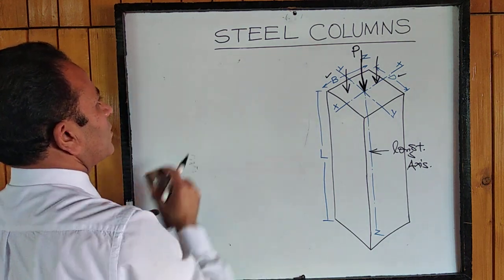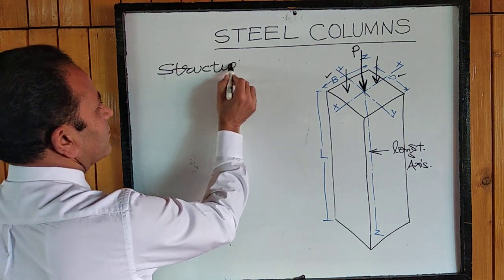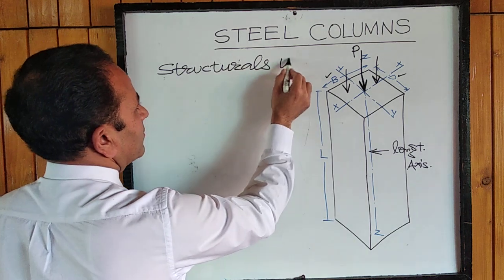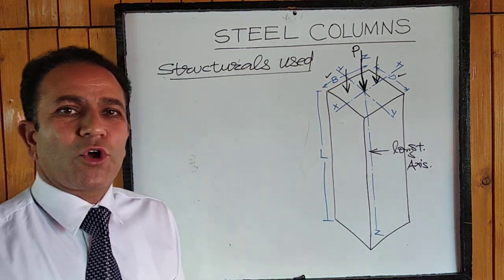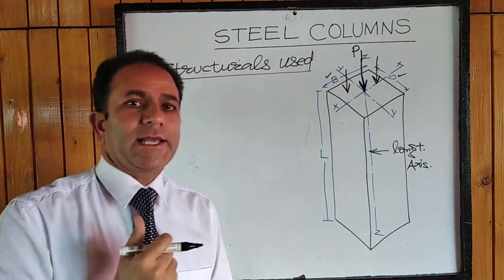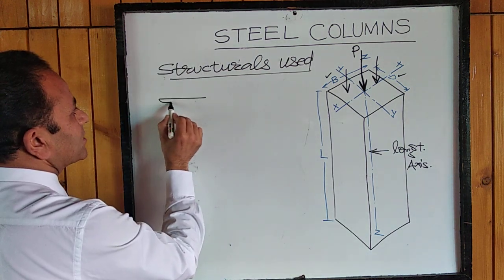Now we see the structurals. What structural members do we normally use to act as a column? The most common type is an I section.